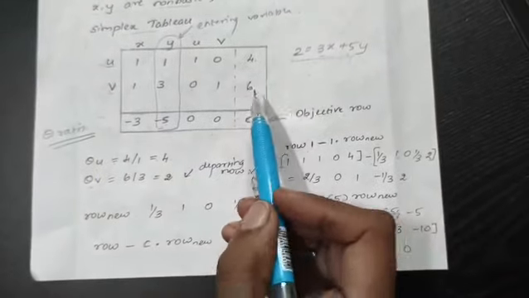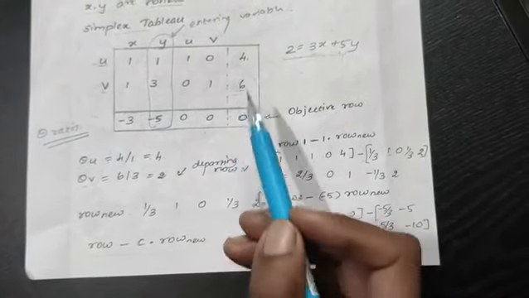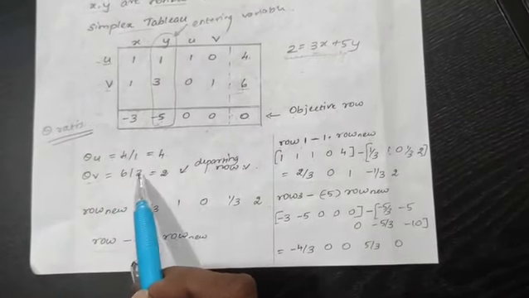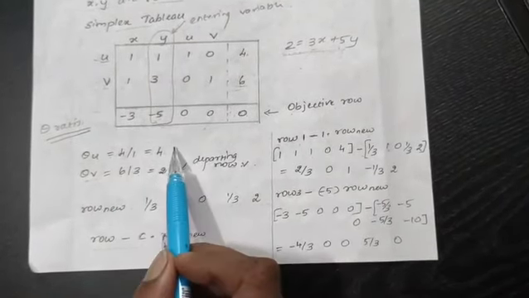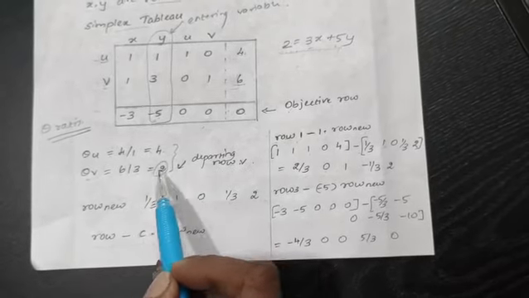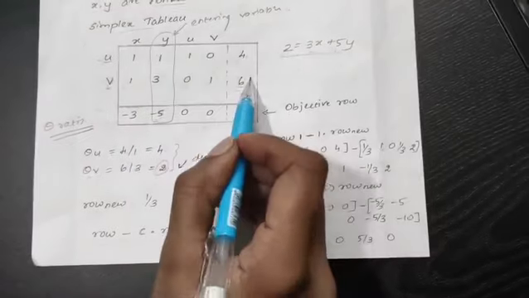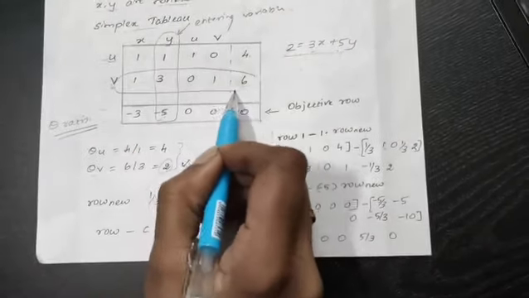Here theta u is 4 by 1, so we get 4. Likewise, theta v is calculated by taking the rightmost entry, 6, divided by the pivot column value 3. So 6 by 3 is equal to 2. Among these, 2 is the minimum, so the departing row is v. We mark this one.